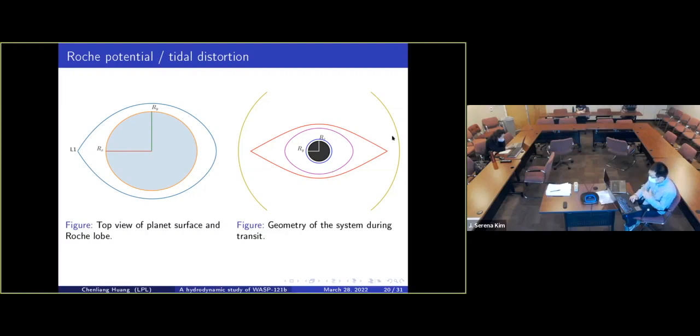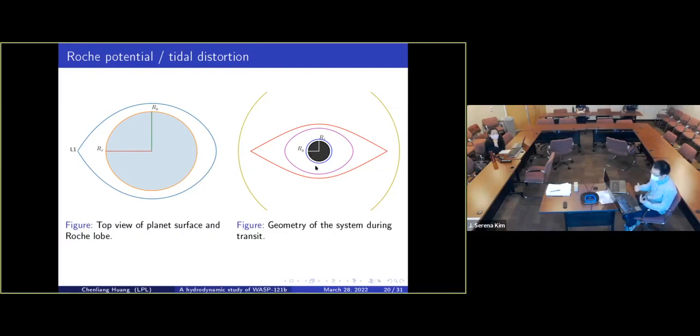The background circle is the star, all to scale. The center filled black circle is the planet, and the blue circle is the Roche lobe. Then there are two circles marking the equipotential surfaces in the Roche potential.